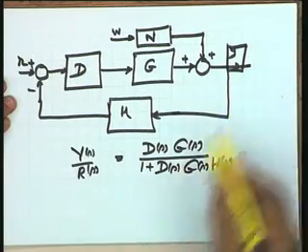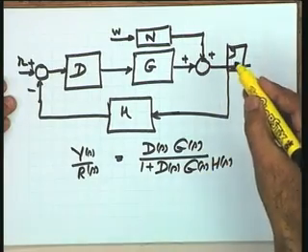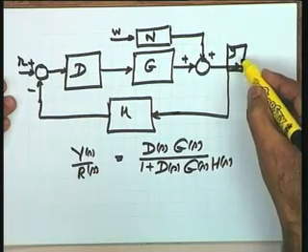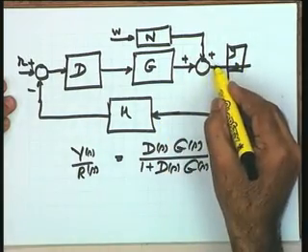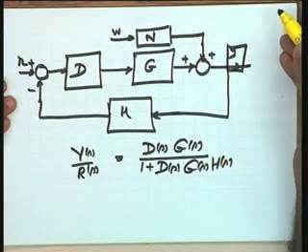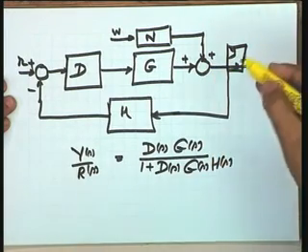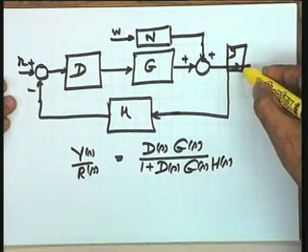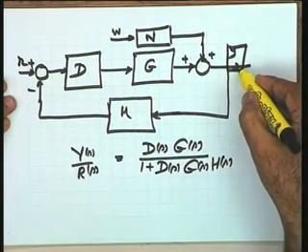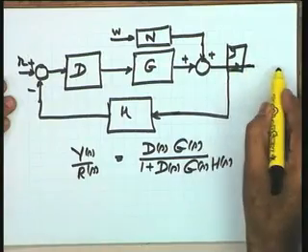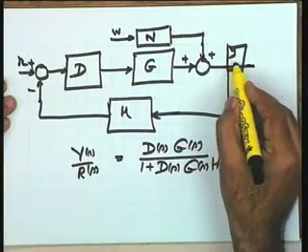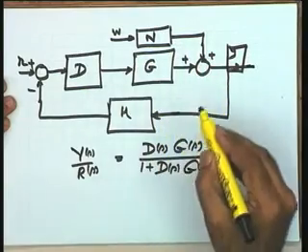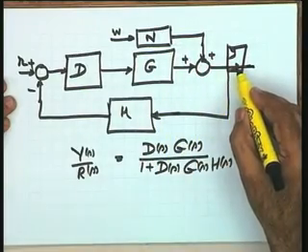Good suggestion, but what will happen if the parameters of this particular unit outside the loop change? For example, let us say this is temperature and you want to magnify the temperature. The device for that purpose will have its own problems. The parameter variations of that device will affect the system output directly, because this component is not in the feedback loop, and the feedback strategy is not taking care of its parameter variations.